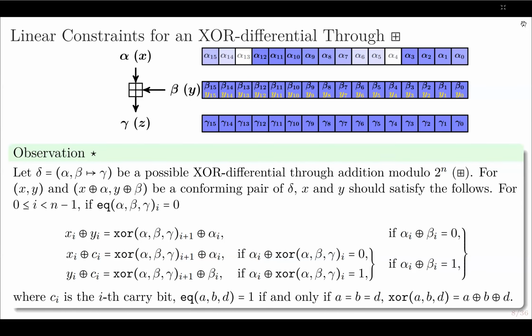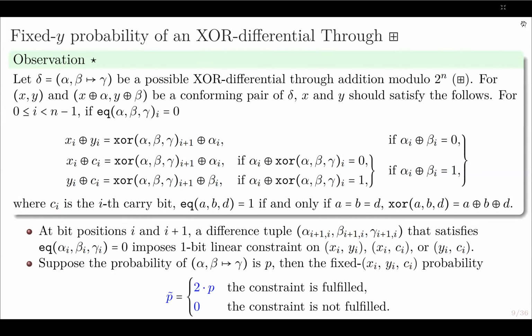The differential propagation through this modular addition imposes, at each bit position, a linear constraint on the values of the inputs and outputs, for example xi, yi, and ci, where ci is the carry. If we know that at one bit position a linear constraint is satisfied, then supposing the previous probability we calculated is p, we can adjust it to a conditional probability, for example 2p.